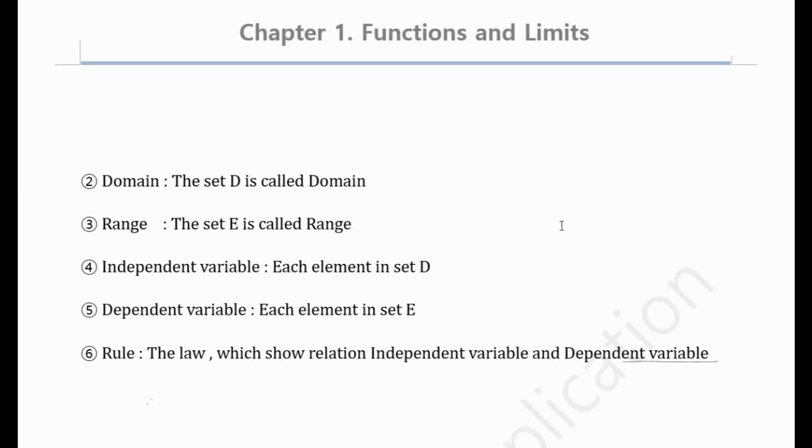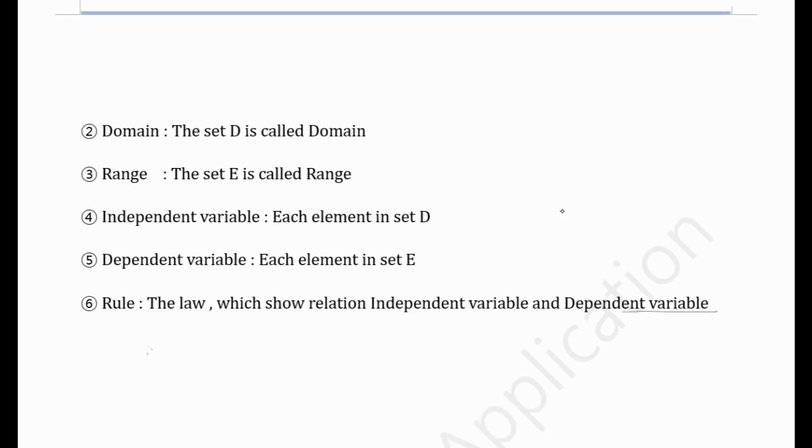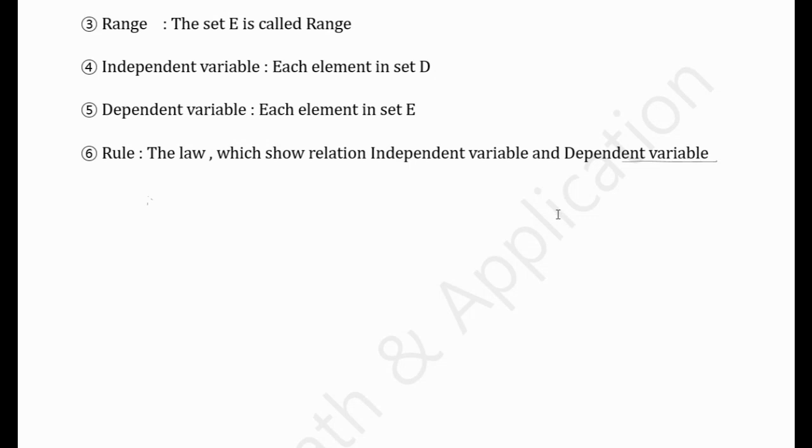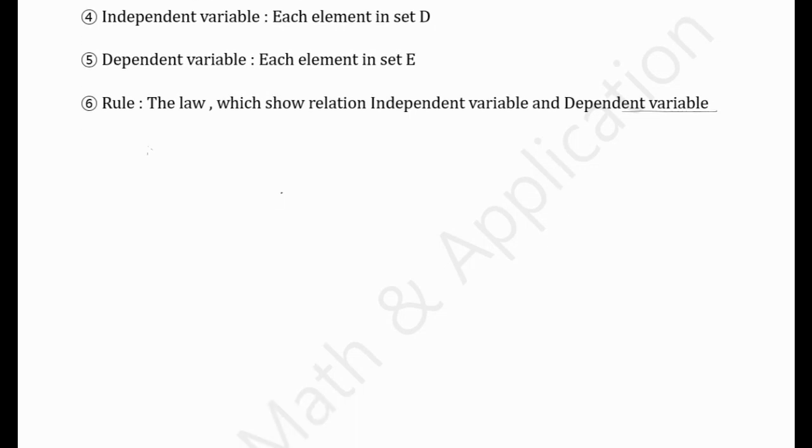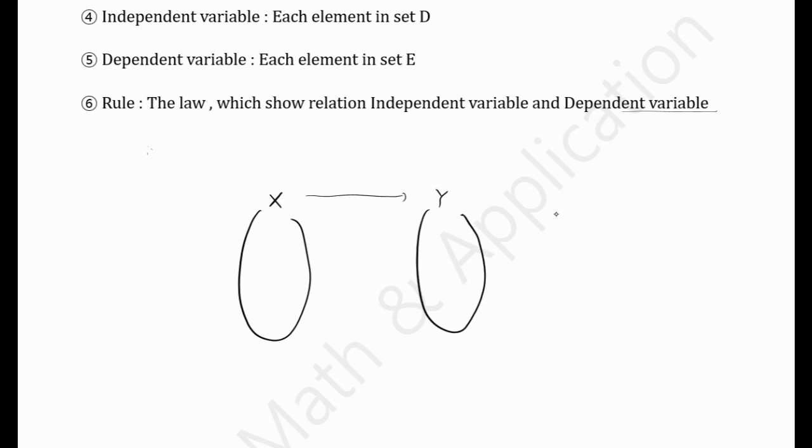So we need to define some terminology. The domain is the set D. It's called domain. Like we take an example: set X and set Y. The mapping is from X to Y. The discrete set X has discrete elements X1, X2, X3, X4, and set Y has discrete elements Y1, Y2, Y3.